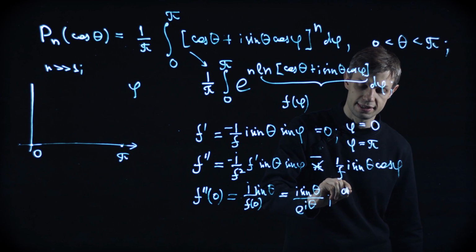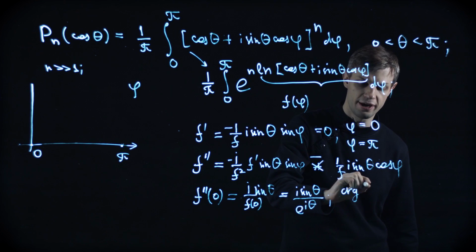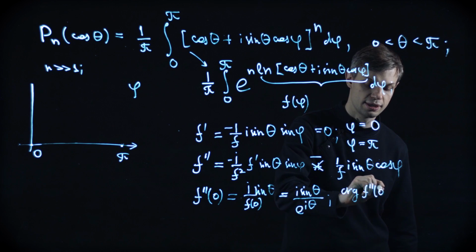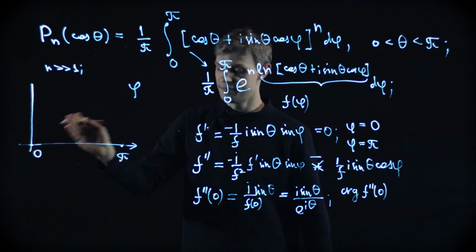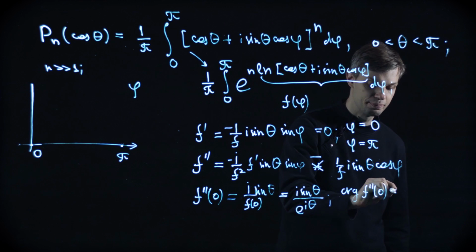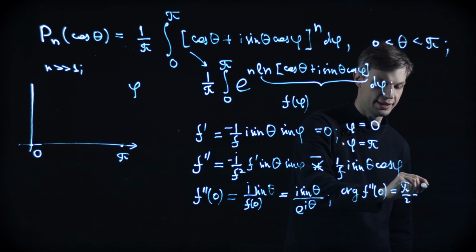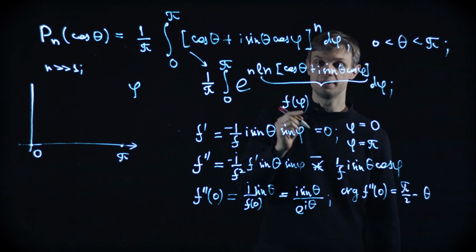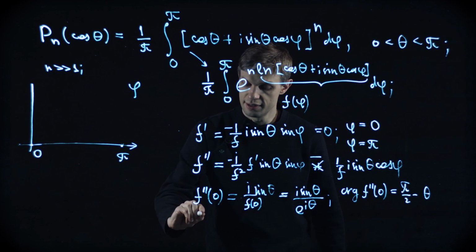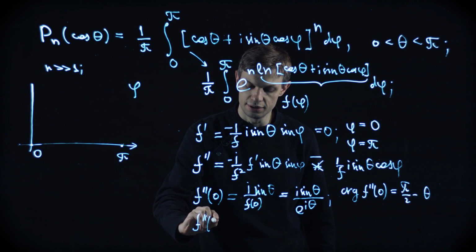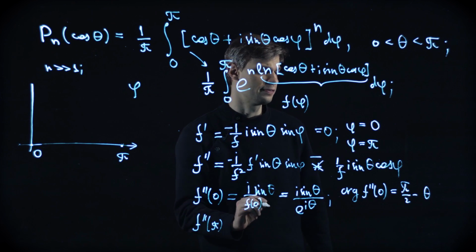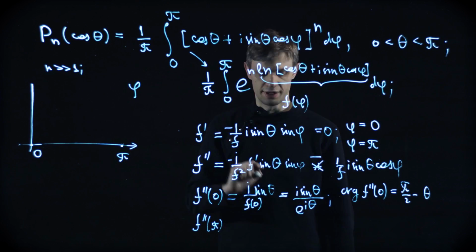So now we have this final expression: the argument of f prime prime at the left saddle is simply π by 2 minus theta. Well, in complete analogy, we find the argument of the second derivative at the end point of our segment.